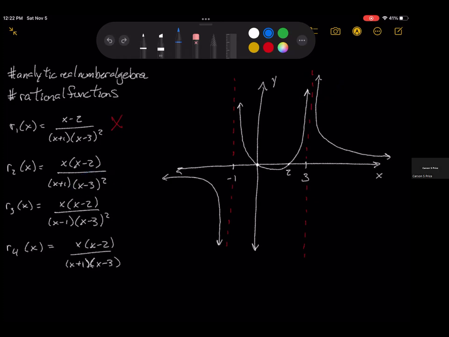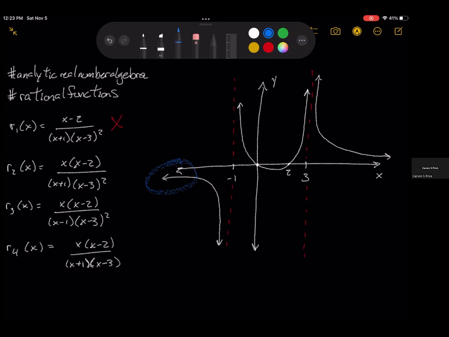What else can we use? Let's think about end behavior. I have a degree 2 on top, there's two x's there. I've got a degree 3 on bottom. There's one factor happening twice, so two x's right there and another x right there. So the denominator is more powerful than the numerator. I'm supposed to have a horizontal asymptote at y equals 0, and I do see that.